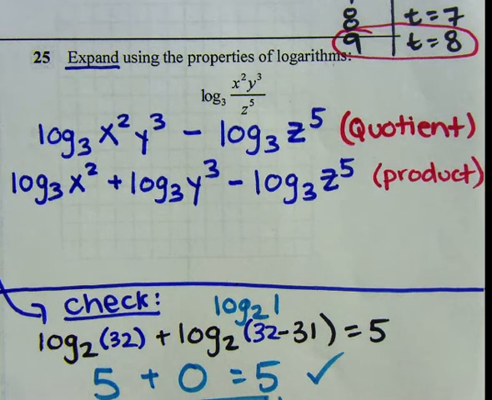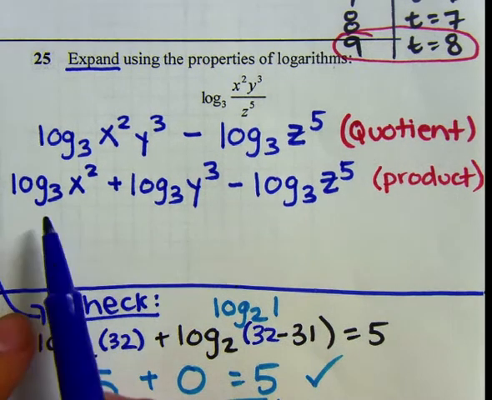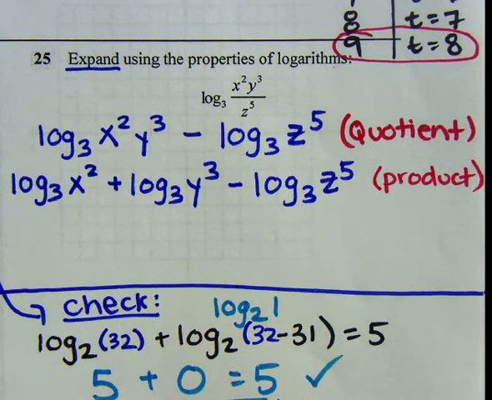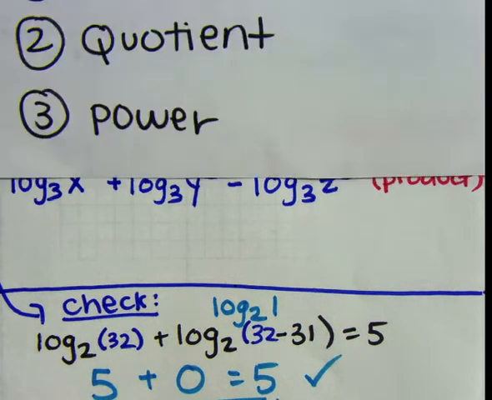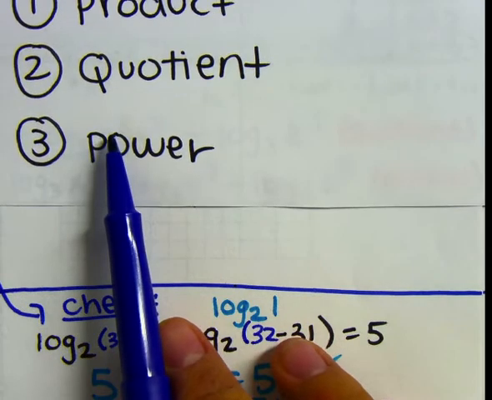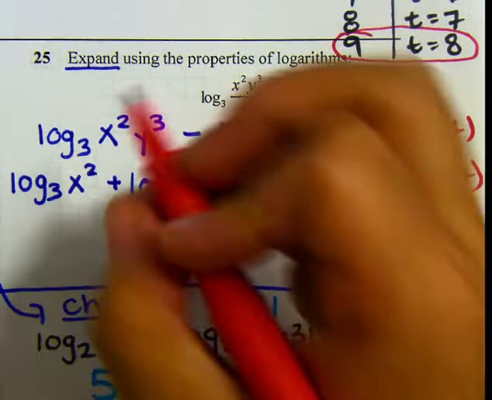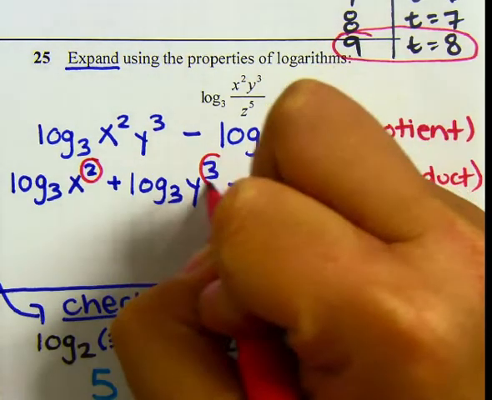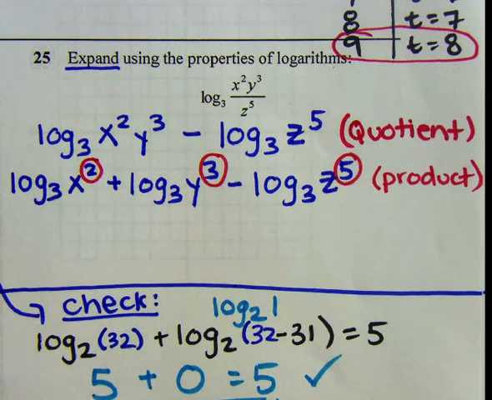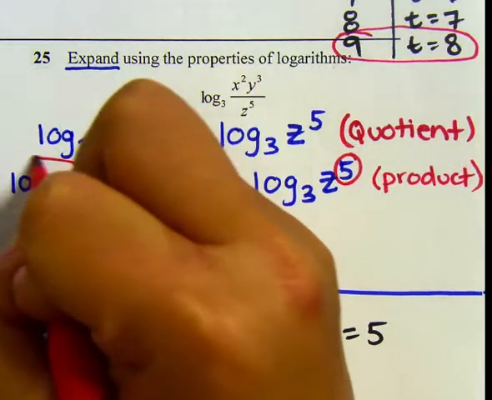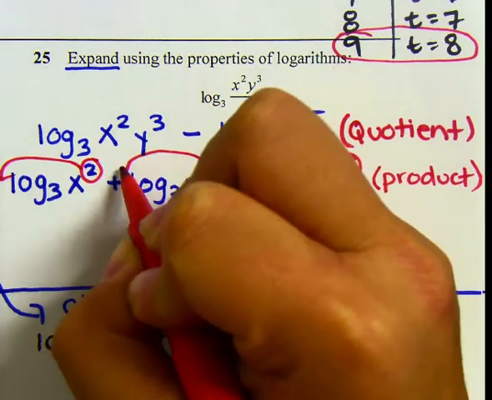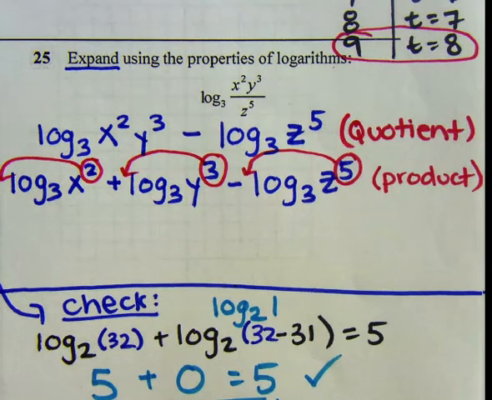Alright, so if you look at each term, each of them has an exponent. An exponent we know is something called a power. So we're going to use the power property, which tells us that the exponents, to expand it, will then become a coefficient. So it's going in front of each of my logs.